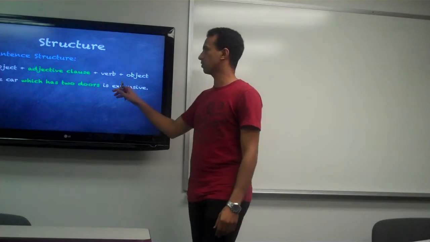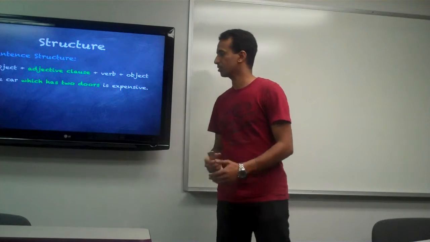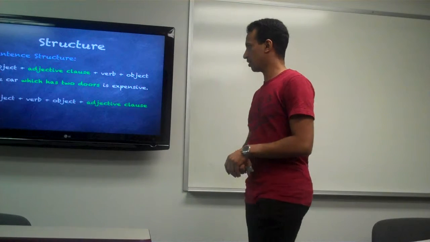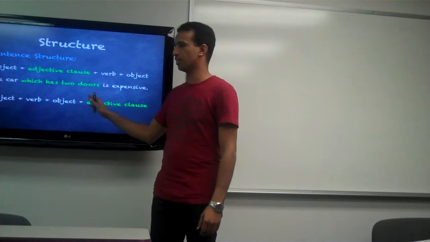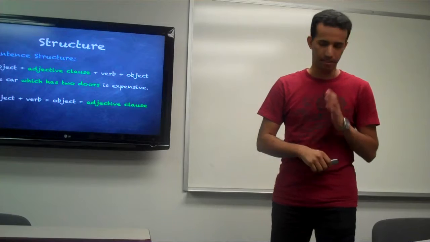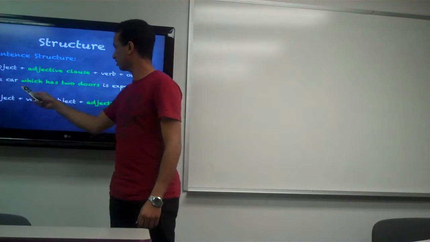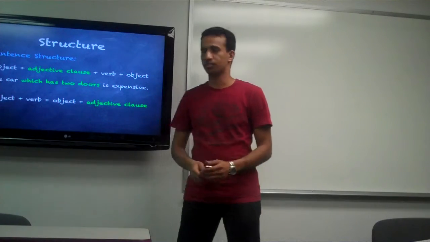Then the verb of the original sentence, and the object. Here's the other way. We can describe the object by adding an adjective clause at the end of the sentence. So the first one describes a subject, and the second one describes an object.